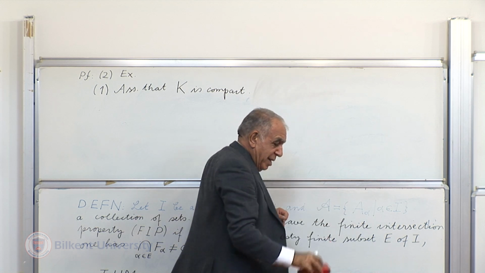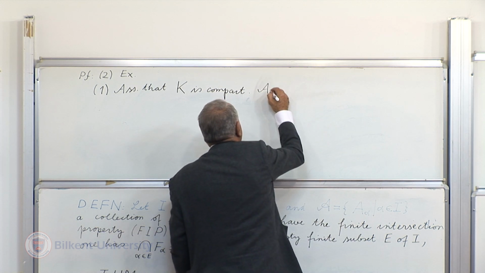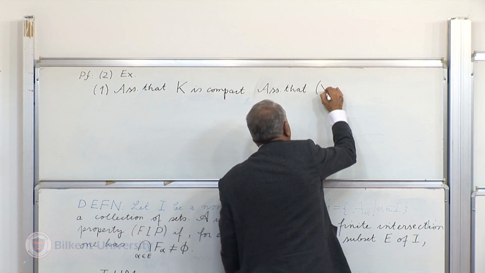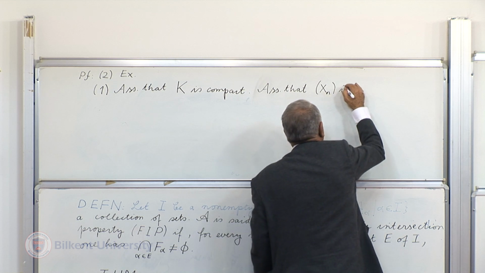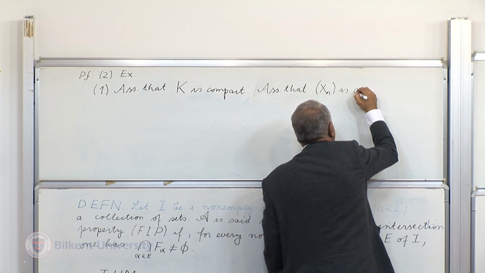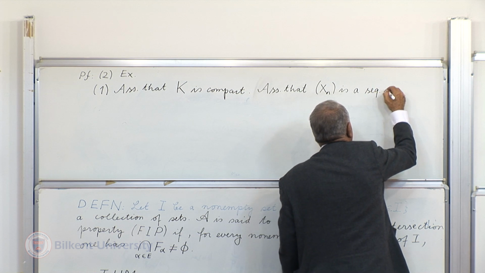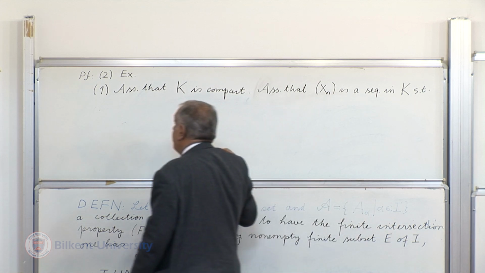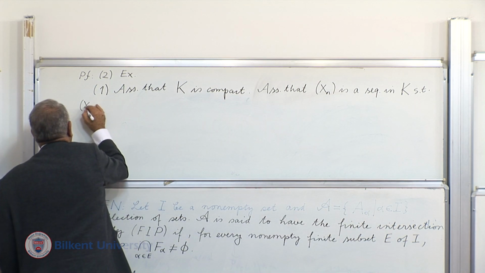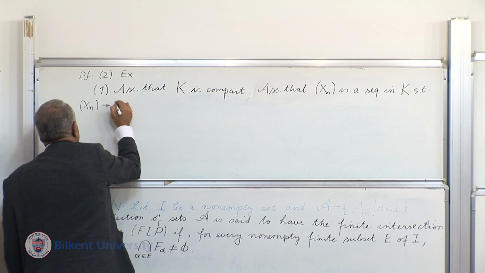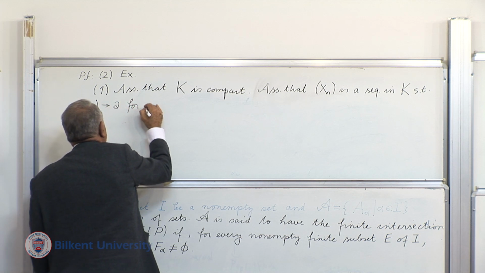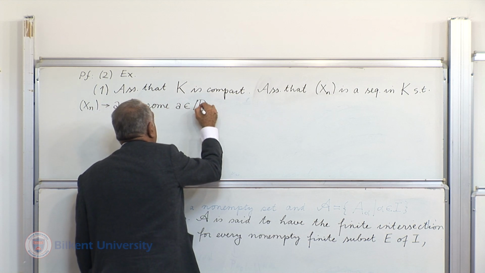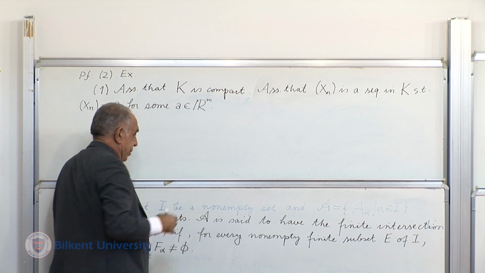So assume that Xn is a sequence in K such that Xn converges to A for some A in Rm.